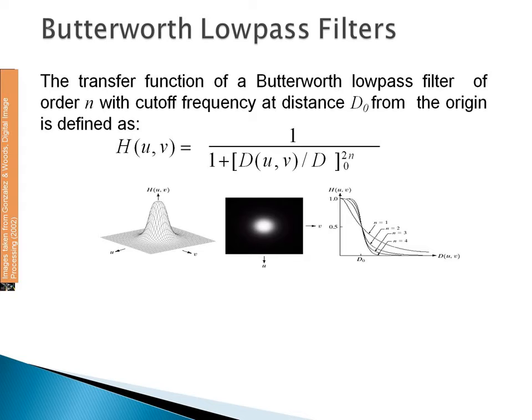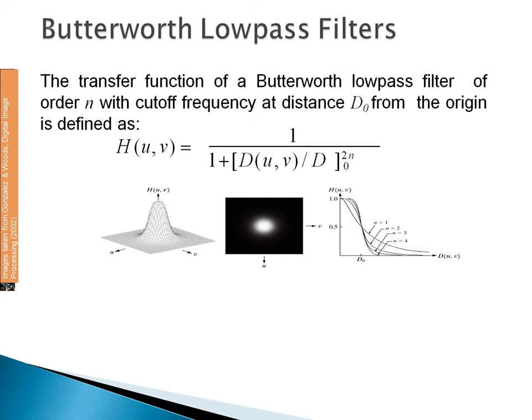We can also see the graph here, with the perspective plot, the image display and the radial cross section of the Butterworth low pass filter. In A, you can observe the perspective plot of the Butterworth low pass filter transfer function. In B, the filter is displayed as an image, and in C we have the filter radial cross section of orders 1 to 4.